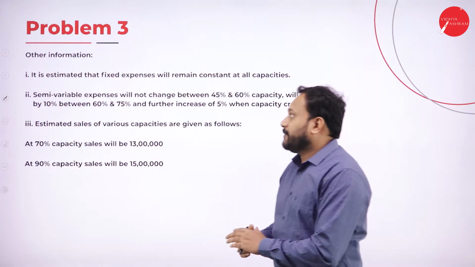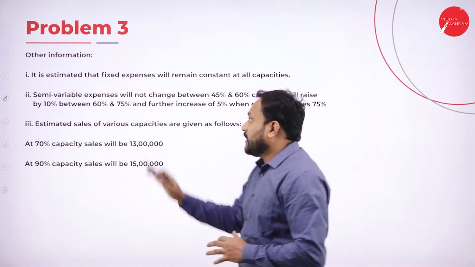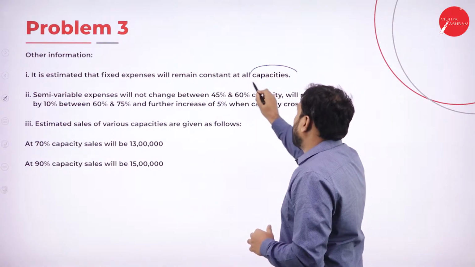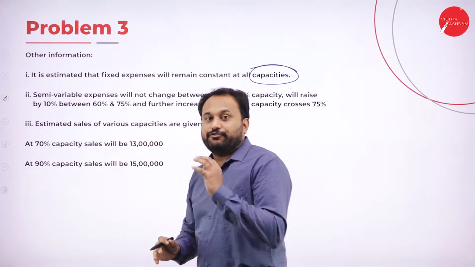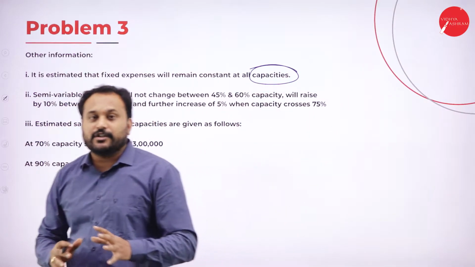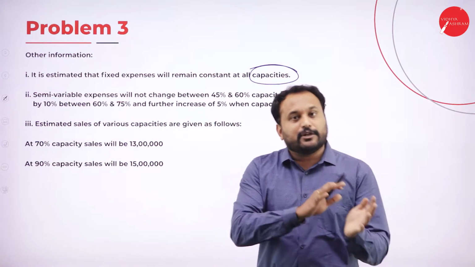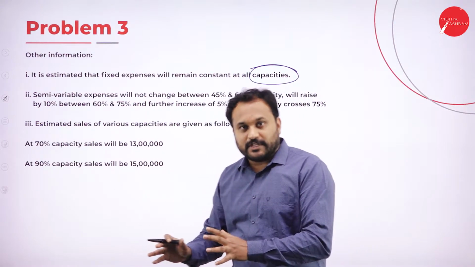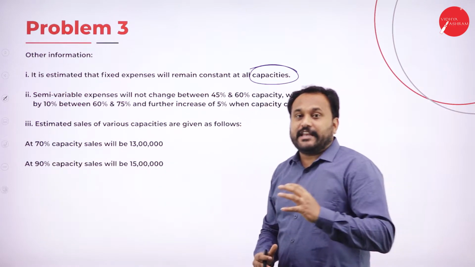Now, other information related to this problem. The first one is it is estimated that fixed expenses will remain constant at all capacity. See here, this adjustment is very important. You people need to go with each and every adjustment. Whether they give or they don't give, fixed expenses are always constant. Second one is semi-variable expenses.